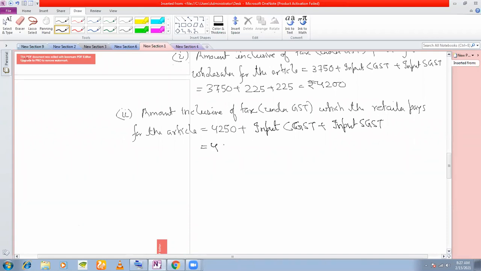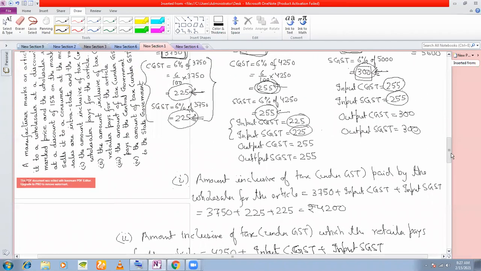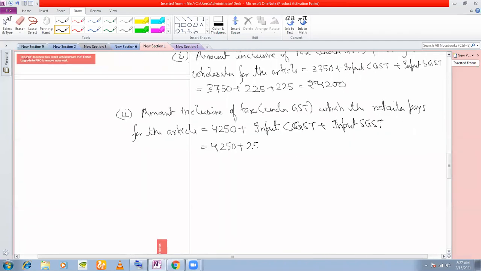So this is 4,250 plus what were the inputs? 255 each. So this comes to rupees 4,760. Third question.